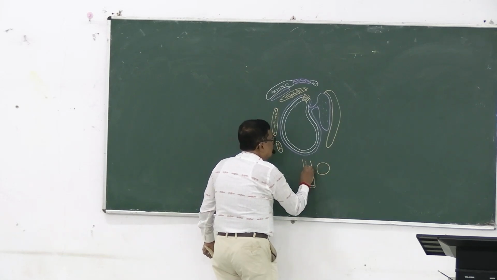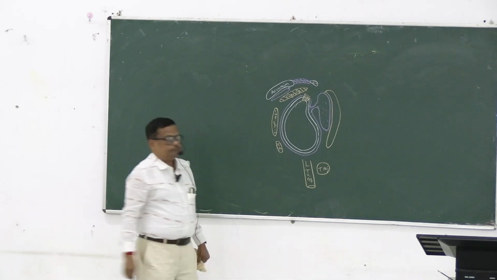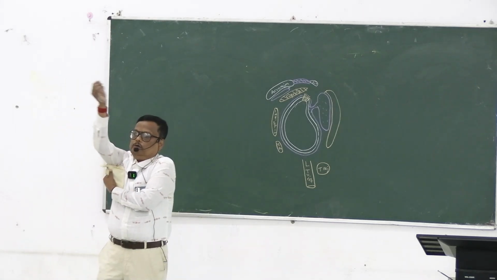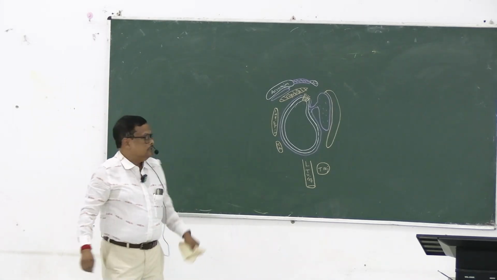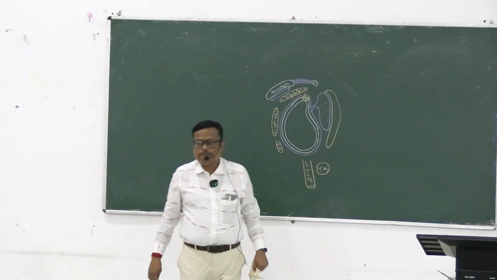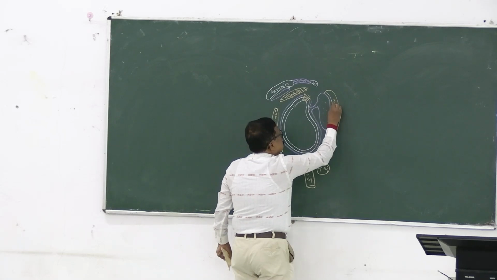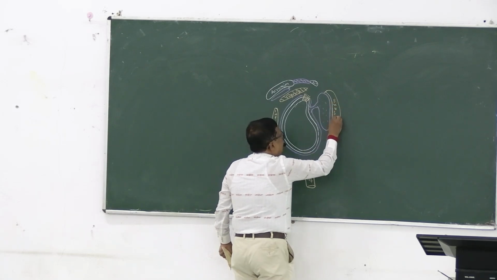Triceps goes like this, and this space is known as the quadrangular space. In front of the subscapularis, this is the subscapularis.